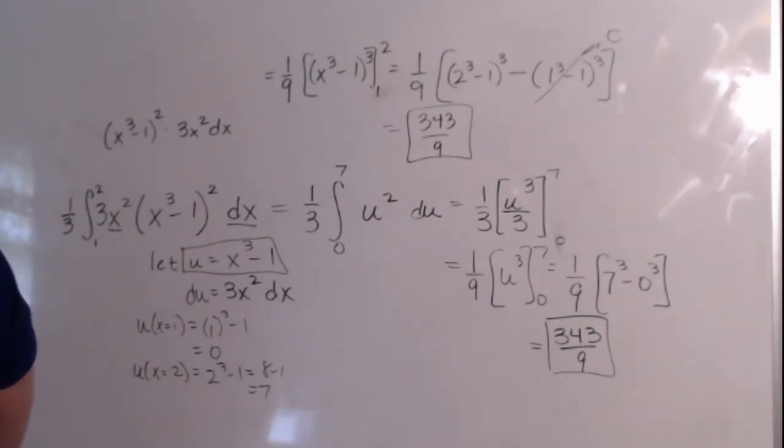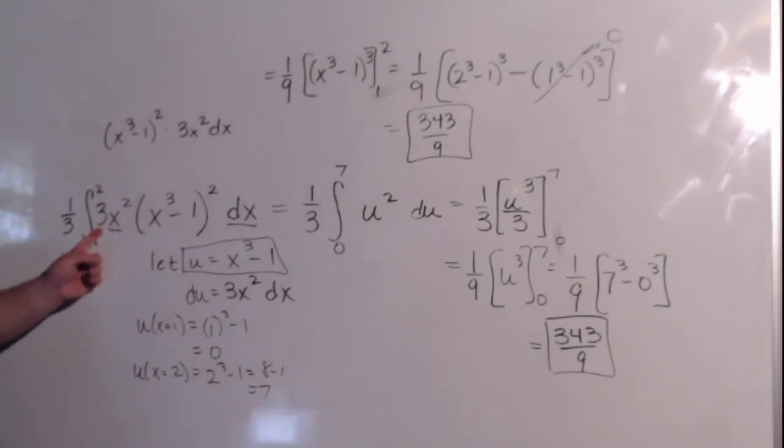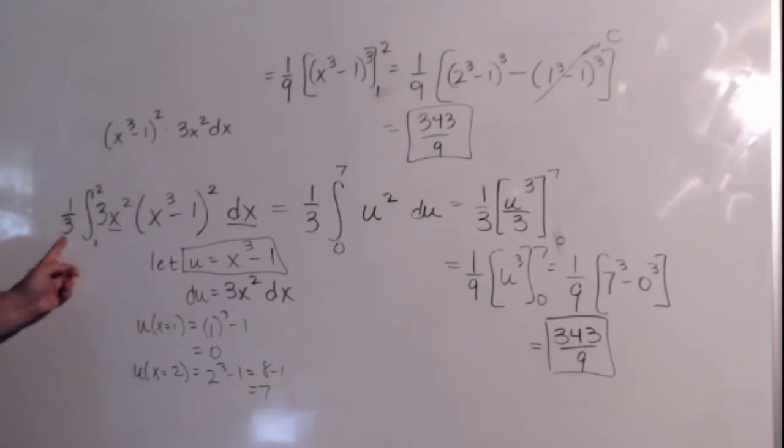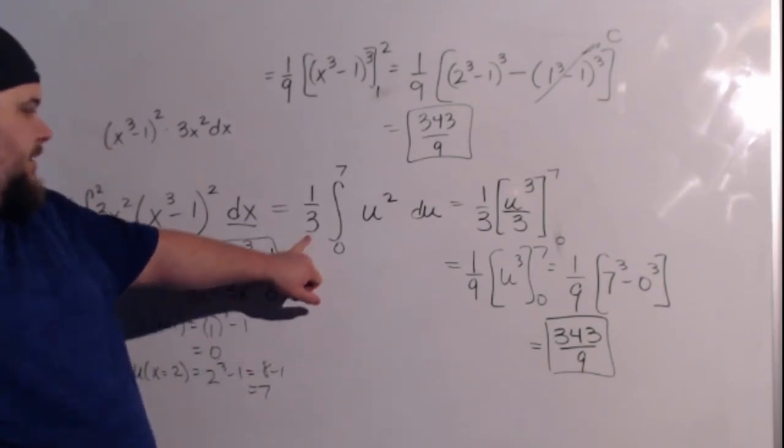How did you get 1/9 u cubed? Alright, so hopefully we're okay with the fact that I put a 3 in here for du, and when I did that I had to put a 1/3 in front to counteract it. And then the 1/3's already there.